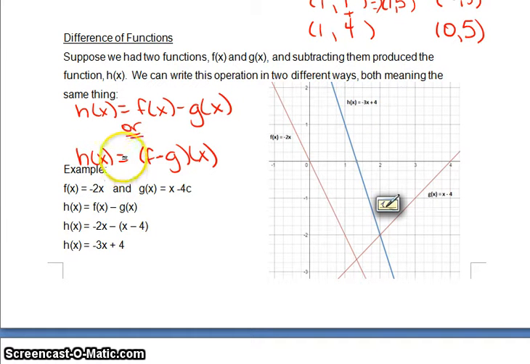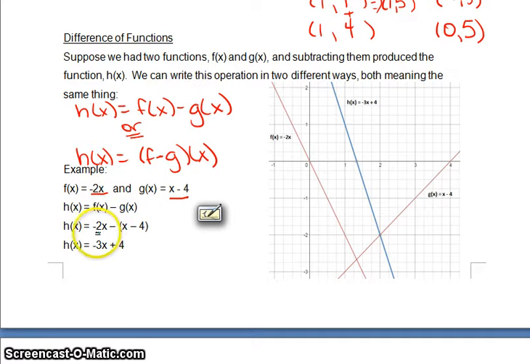We're just saying that we're subtracting functions f of x and g of x, and our resulting function there is h of x. Okay? Looking at an example here, we have f of x equal to negative 2x, and g of x equal to x minus 4. We want to find h of x, where we have f of x minus g of x. You're literally just going to subtract the two functions.